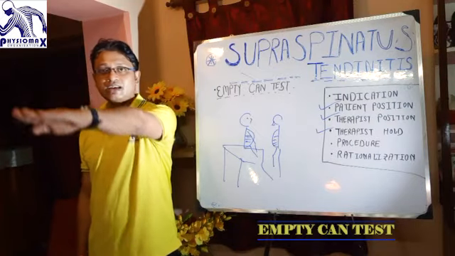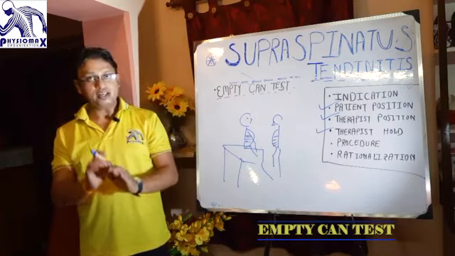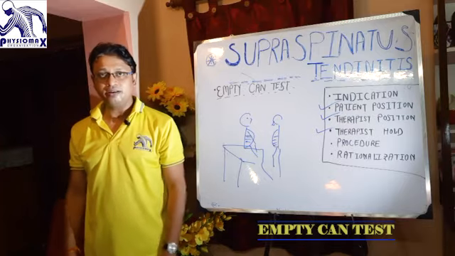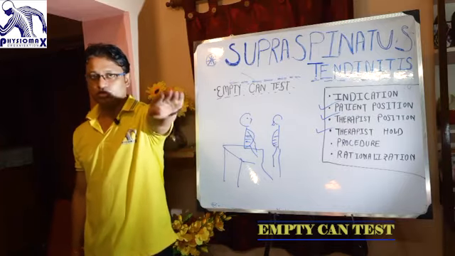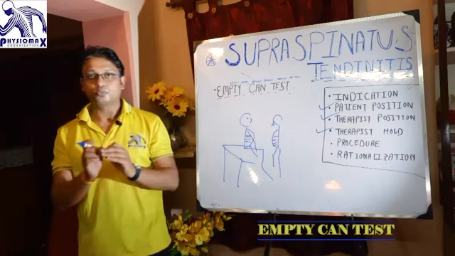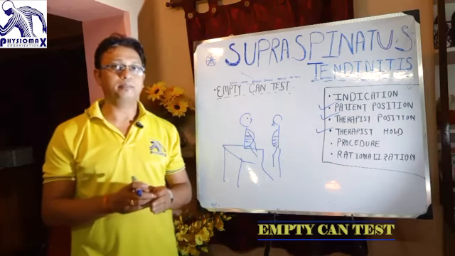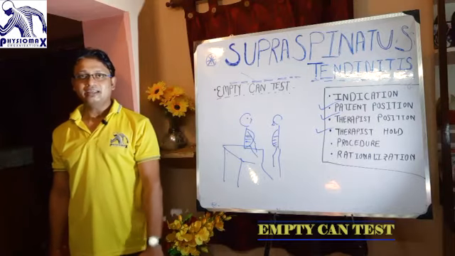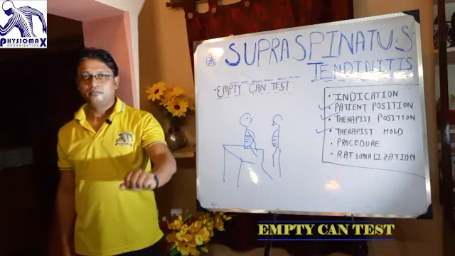This is what is called flexion. Horizontal abduction is the position which is also called the scapular plane motion. This is the horizontal abduction, which mostly happens in the scapular plane. So the patient is to lift the hand in this scapular plane.